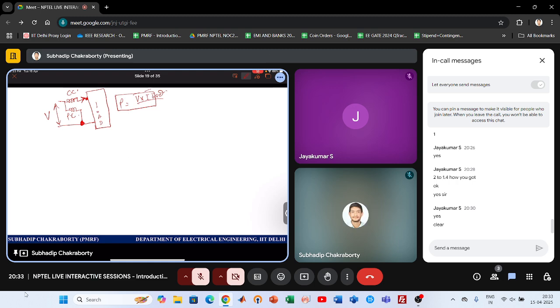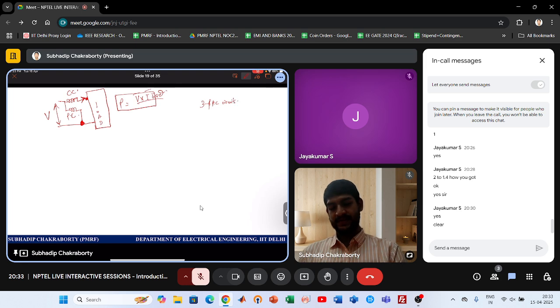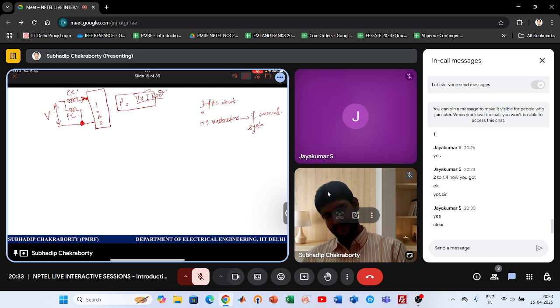Now, actually, there is an n-1 wattmeter method where you know that for three-phase AC circuits, if it is n, you need n-1 wattmeters if the system is balanced, right? So for a three-phase balanced system, only 2 wattmeters are sufficient.